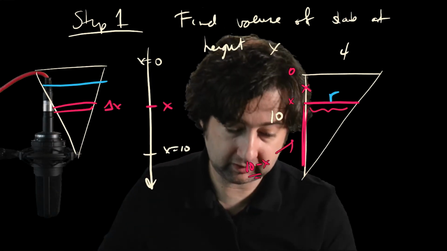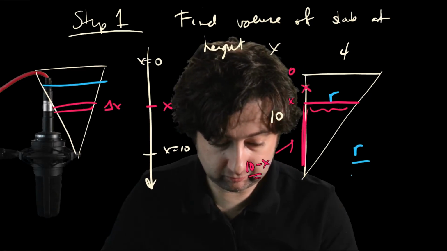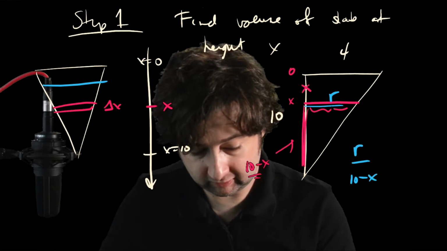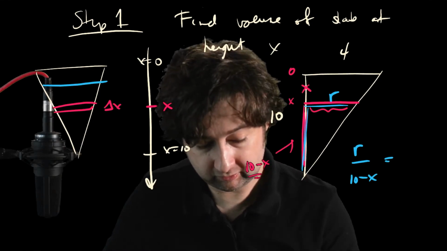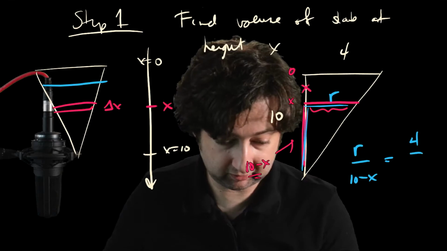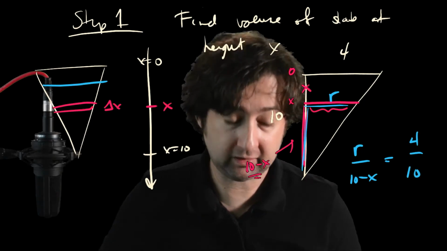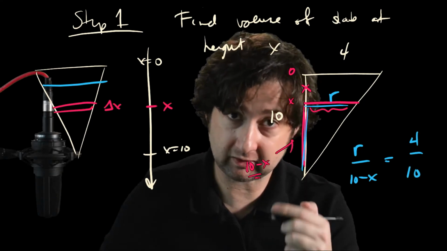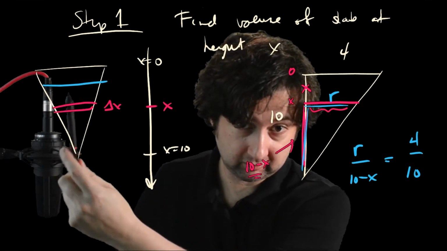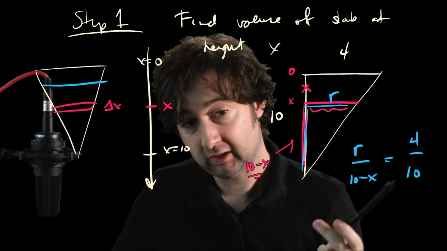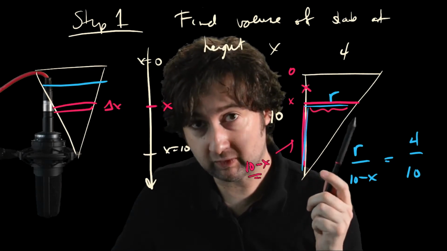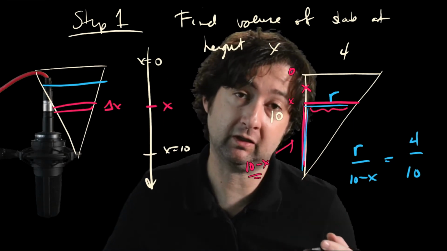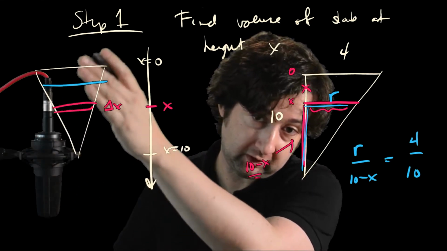And so the proportion that I can set up is r over 10 minus x, that is the short leg of the triangle divided by the long leg, is equal to the short leg of the big triangle divided by the long leg. And that will give me an expression for the radius of this circle right here. Remember, this is a circle in 3 dimensions. If I solve it, it's going to give me an expression for r in terms of x. And that's really what I need, because the radius changes as I move up and down the cone.